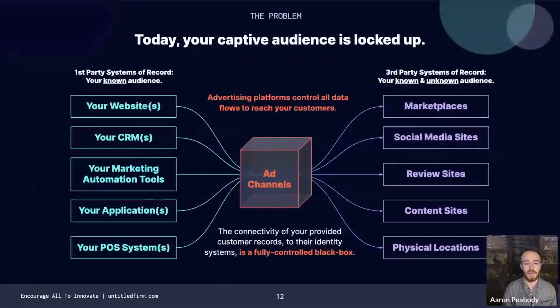And so really, we think of advertising platforms almost as a black box. So you have all of these tools and systems that you use every day to run your business, and it's where all of your data lives.